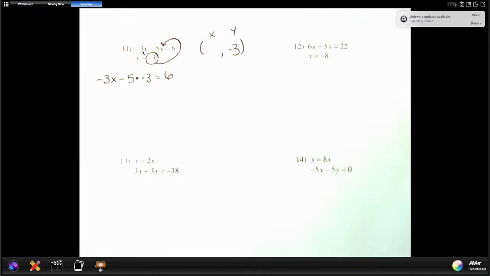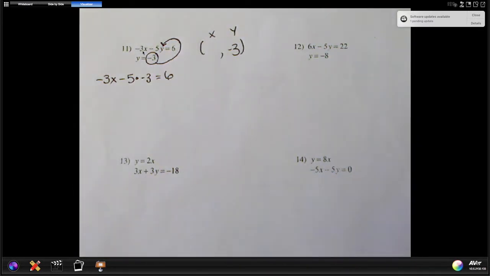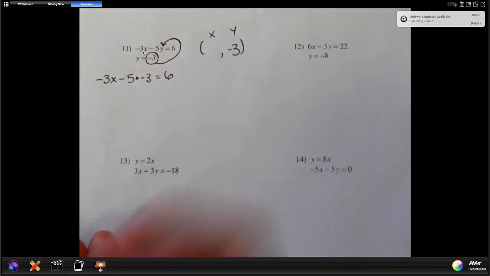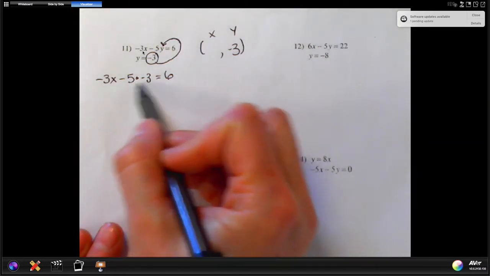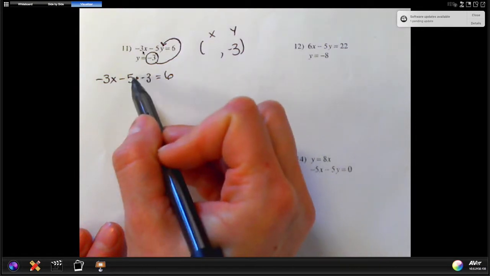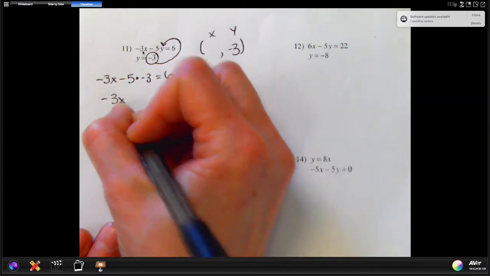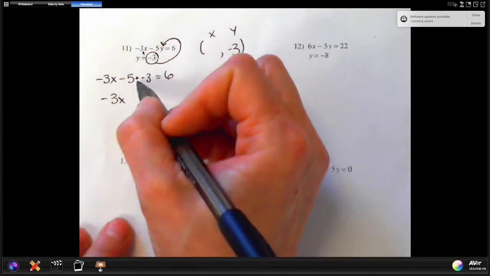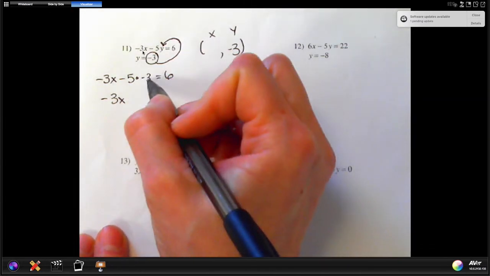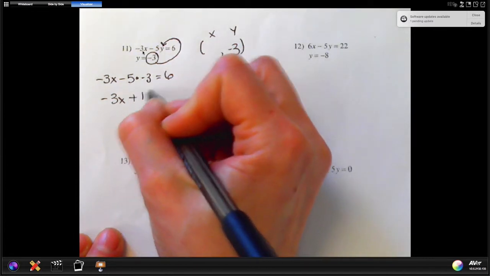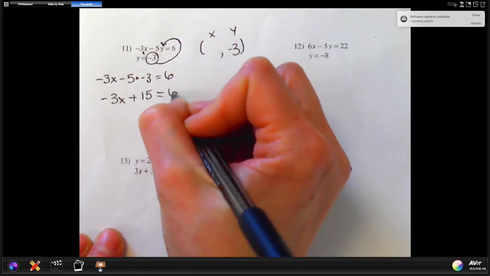Next I want to check: is this chart ready? Can I make a t-chart to solve this right now? Well, the answer is no, because I have to simplify. I have to multiply this part together first. So what I really have is negative 3x, and then negative 5 times negative 3 gives positive 15, equals 6.